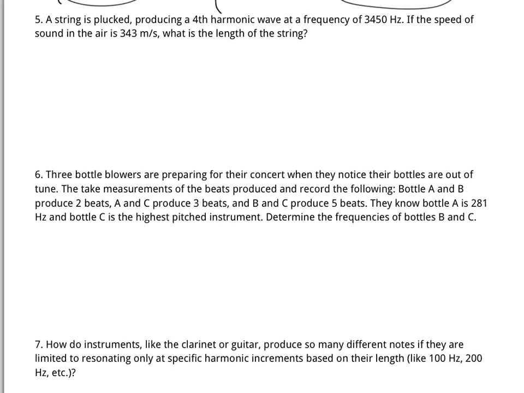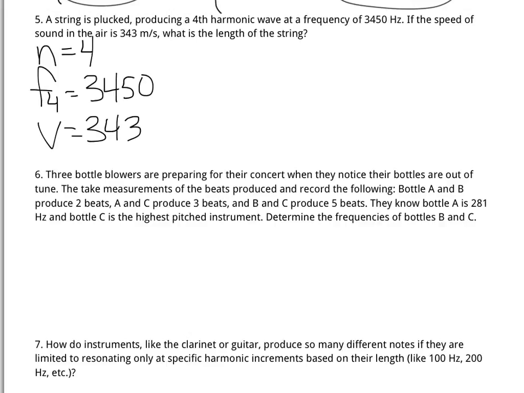All right, number 5. We're given information about the fourth harmonic for a string. Strings behave like open pipes, so we're going to use the open pipe equation here. We're given the frequency of that fourth harmonic as 3,450 hertz, and we're given the velocity, so we don't have to bother with that temperature equation.